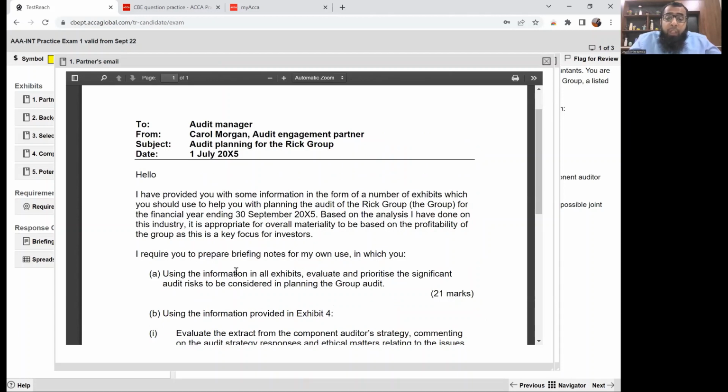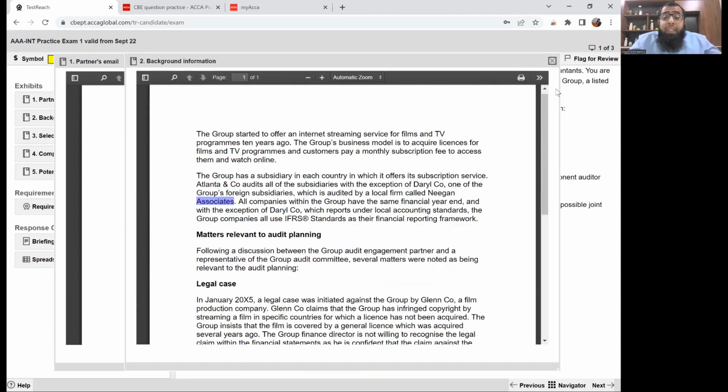Now, if you read the requirement, our first requirement relates to audit risk. And you all know that a different component auditor for Darrell Company is an audit risk for us.